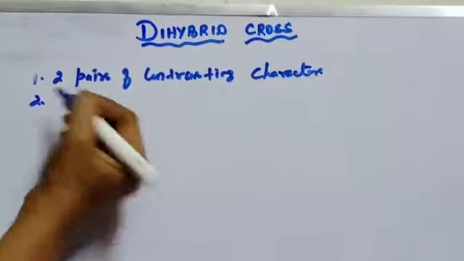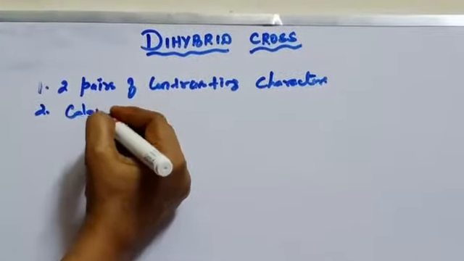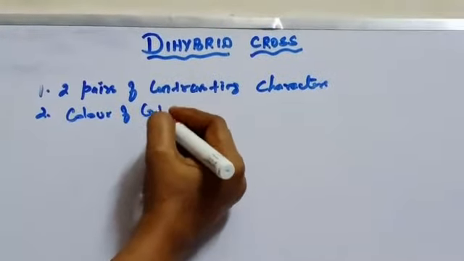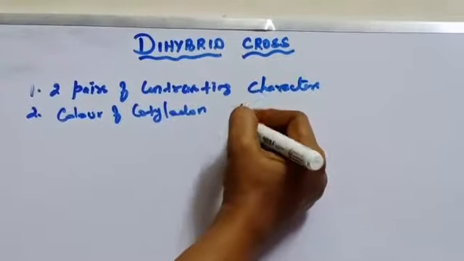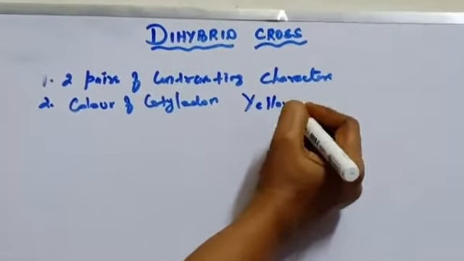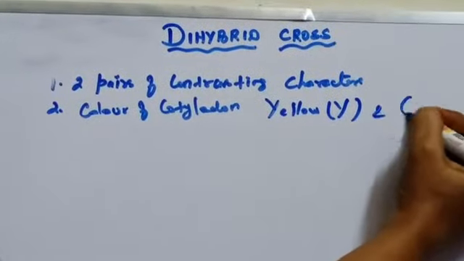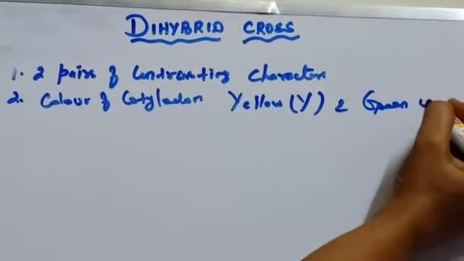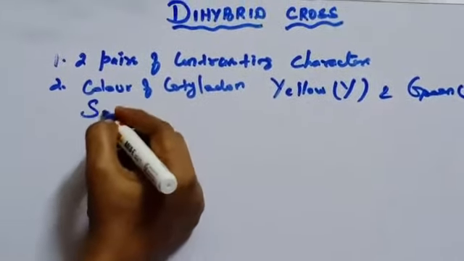What are the contrasting characters Mendel has taken? Color of cotyledon, that is yellow and green, yellow Y and green small y. And then seed form.